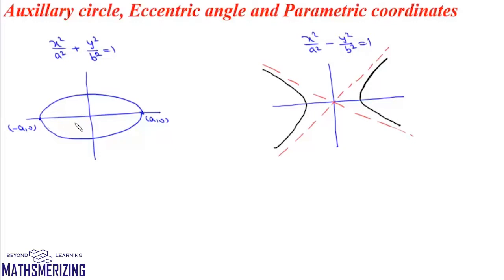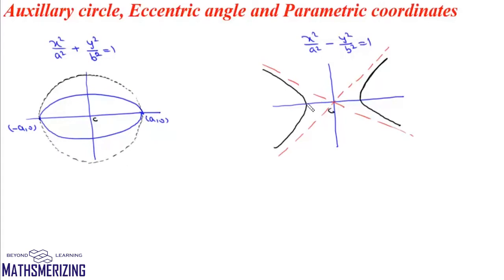Now a circle whose center is the same as the center of the ellipse and the hyperbola, which is the origin, and which passes through the vertices of the ellipse and hyperbola, is called the auxiliary circle. So for this ellipse, if we draw this auxiliary circle, then these vertices will be endpoints of a diameter.